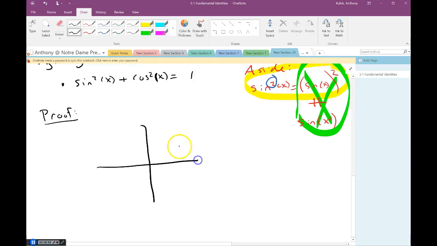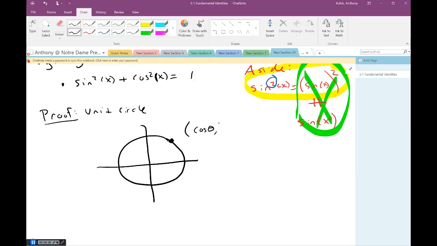So, if we go back to the unit circle, if I pick some point on this unit circle, what is its x-coordinate? It is cosine theta, correct?